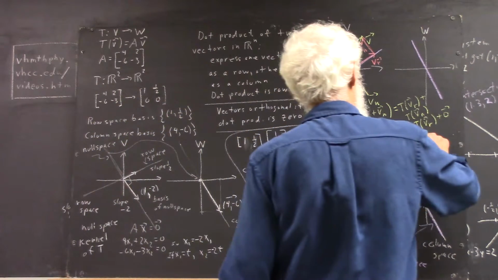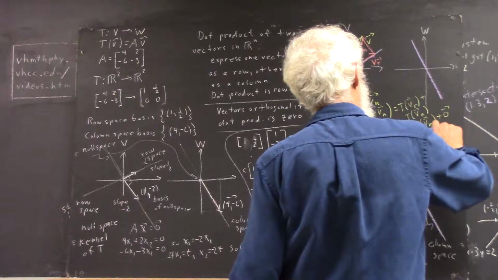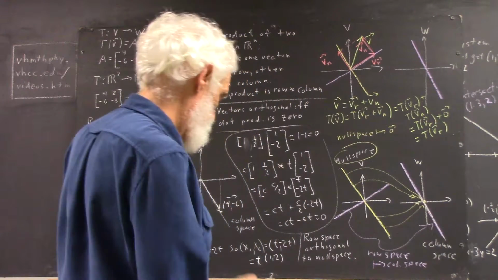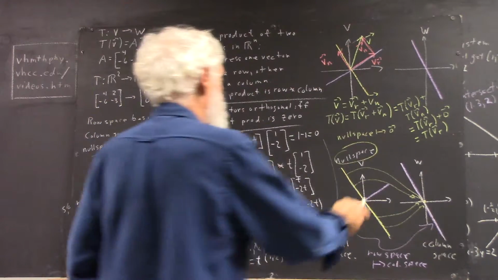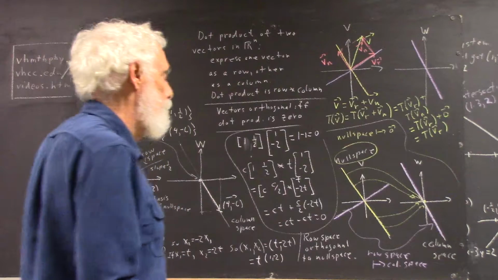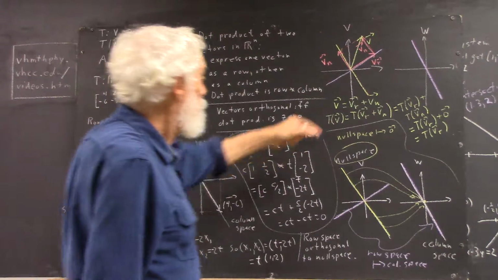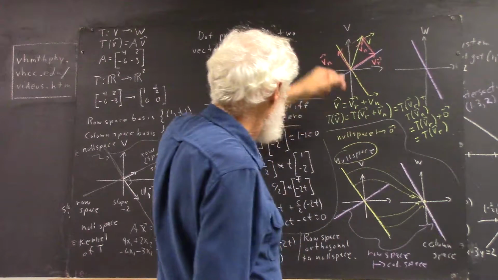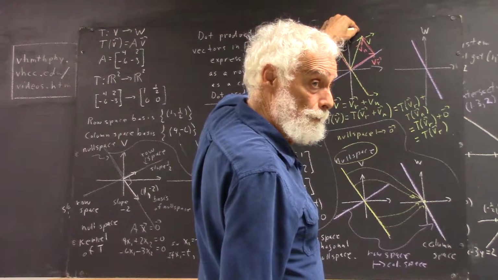So that's just T of VR. So wherever VR goes on the column space, that's where V is also going to go.